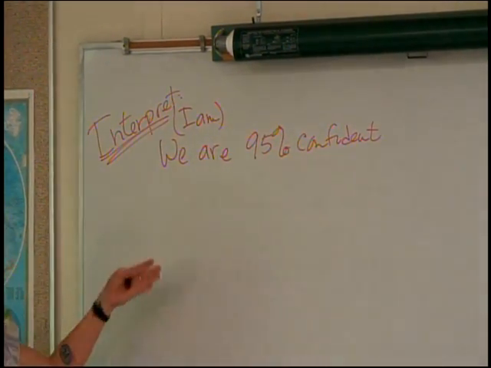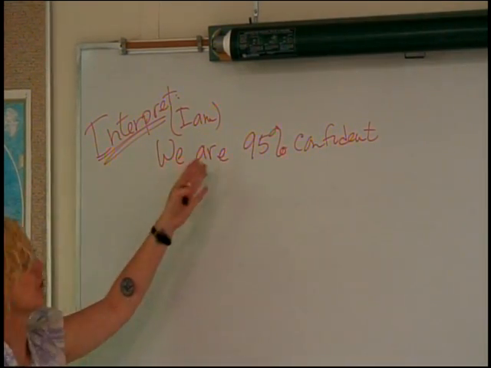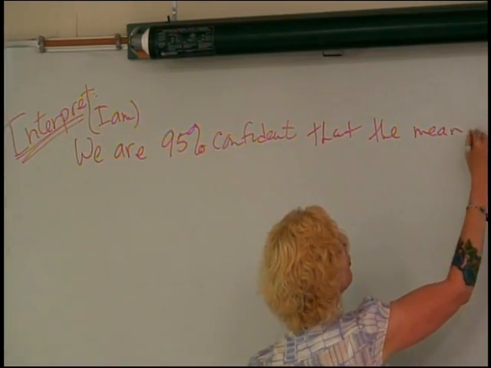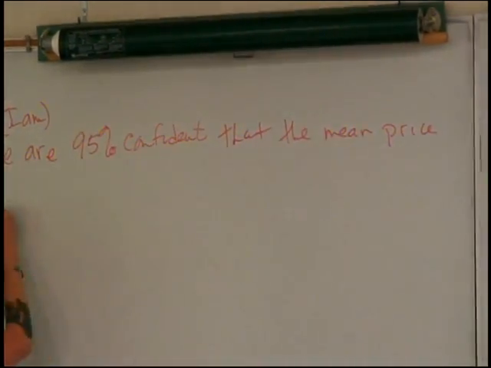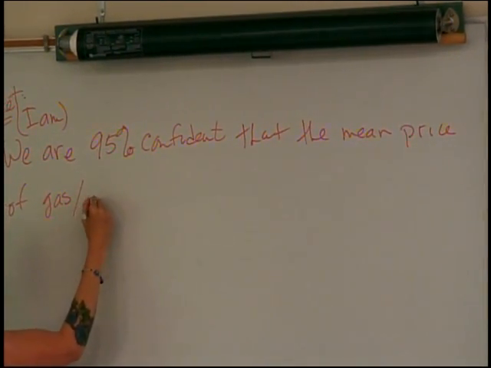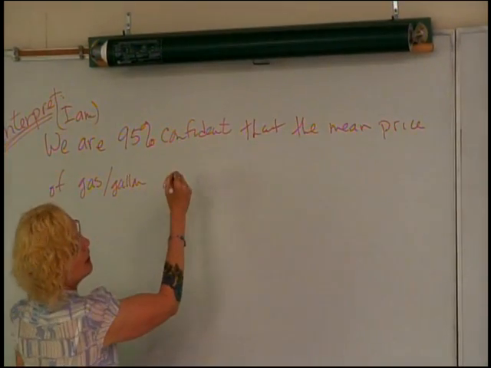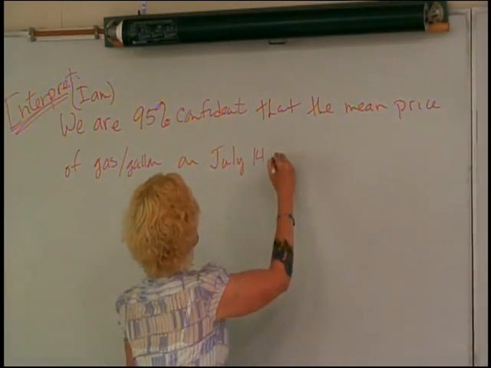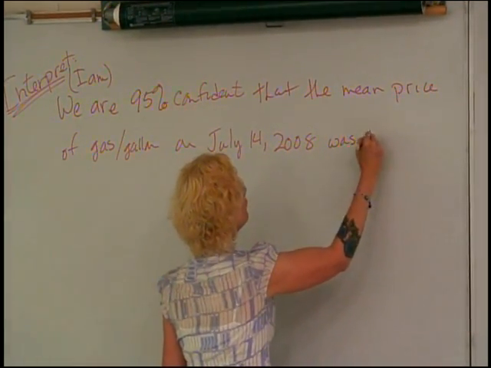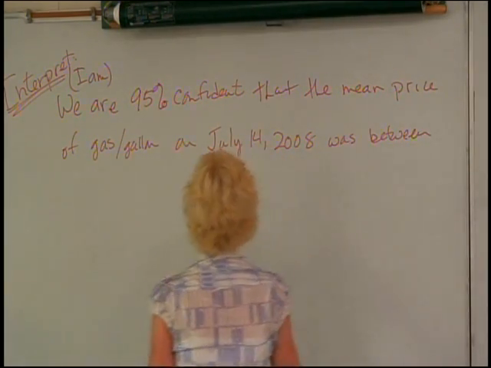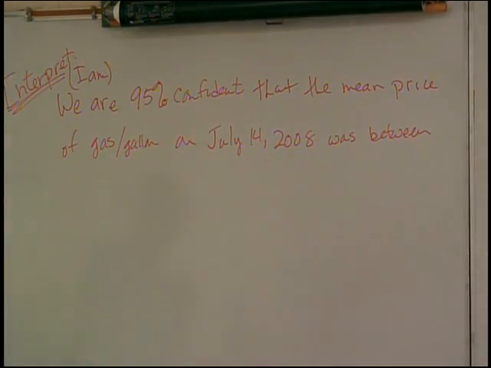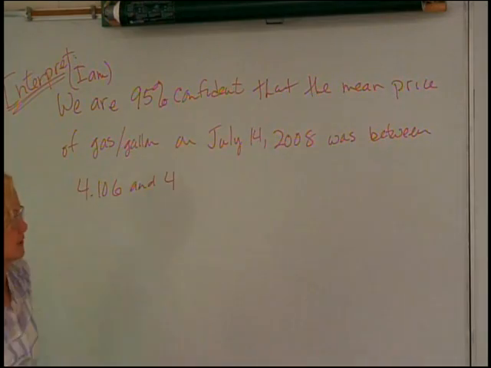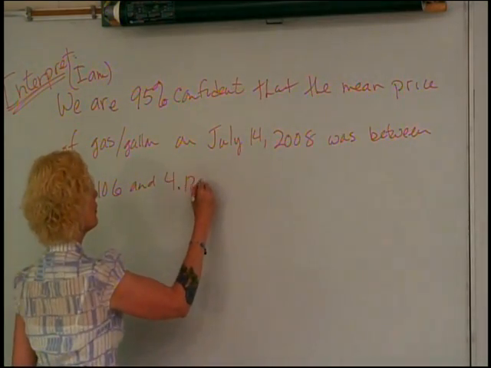And you can start all confidence intervals that way. I am X% confident that the mean price of gas per gallon on July 14th, 2008 was between $4.106 and $4.120 per gallon.